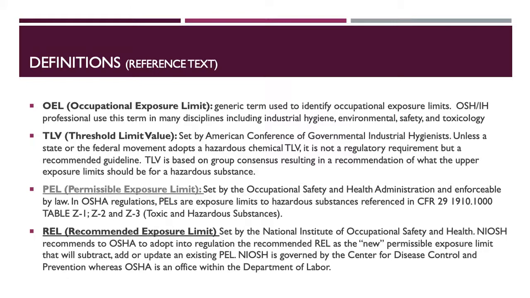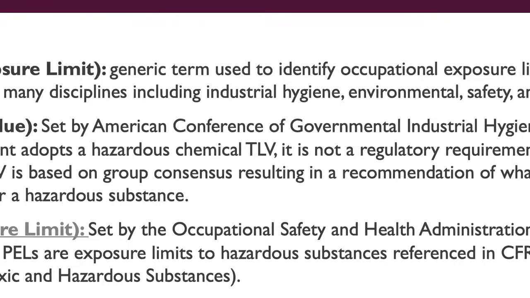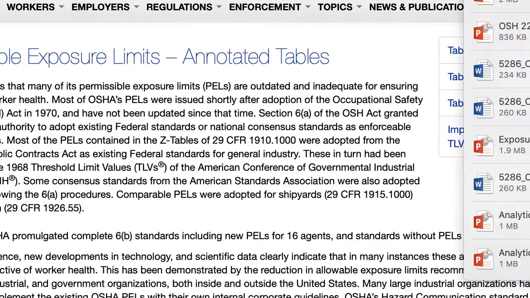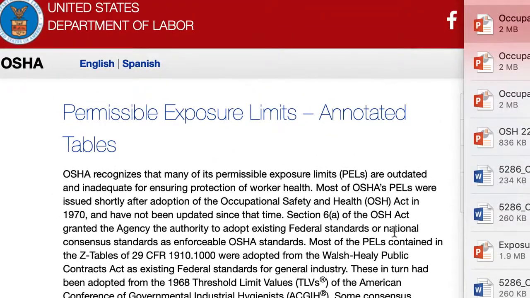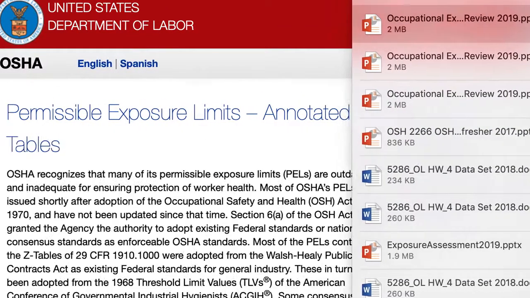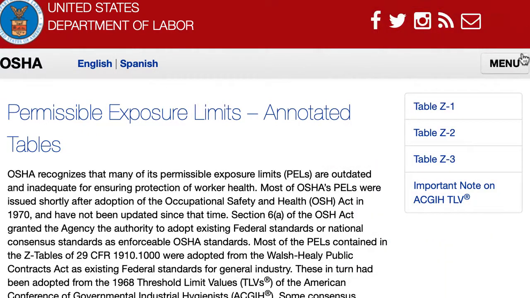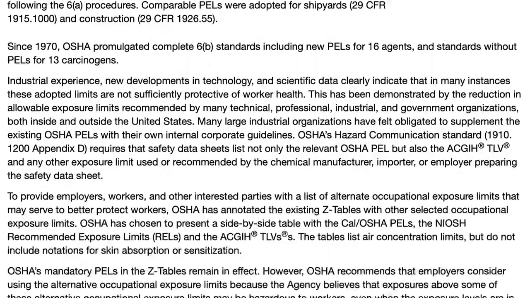So the next definition is, of course, our permissible exposure limits, and these are set by the Occupational Safety and Health Administration. In 1970, they did adopt the 1968 ACGIH TLVs, and since then, a number of them have been added, and I believe this website will allow us to view the Z tables, which list OSHA's occupational exposure limits, the PELs.